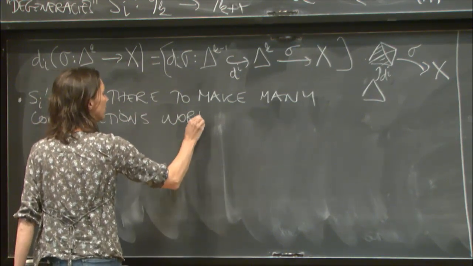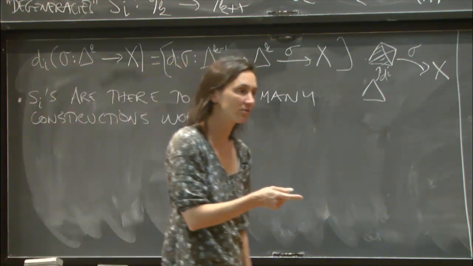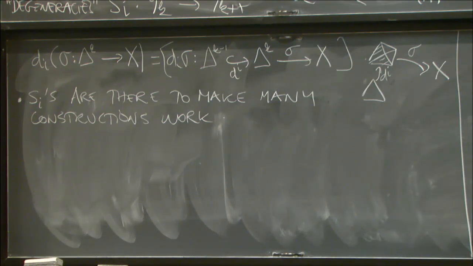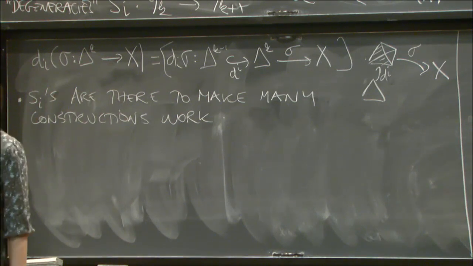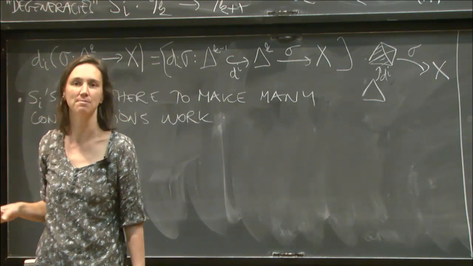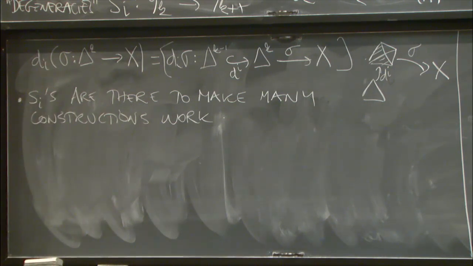When you first see simplicial sets, you say, why do we have to carry around these bloody s_i's? Actually, I have now started to work in some contexts where it's good to work with what is now called semi-simplicial sets, which was the old name for simplicial sets. But nowadays, semi-simplicial sets mean you don't have the s_i's, and you pretend you don't need them. In some situations this is better because it's a much smaller thing. But in practice, there are many constructions where you need the s_i's.